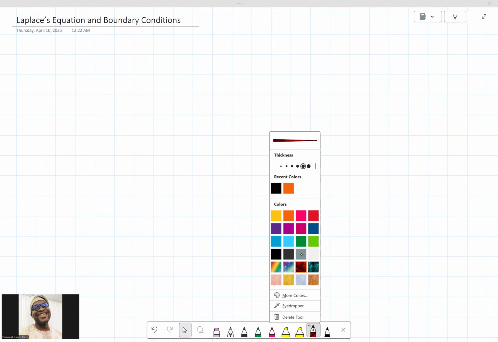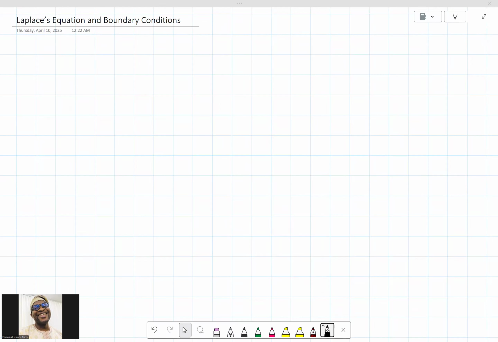Okay, so let's start first of all with Laplace equation, just as a reminder.